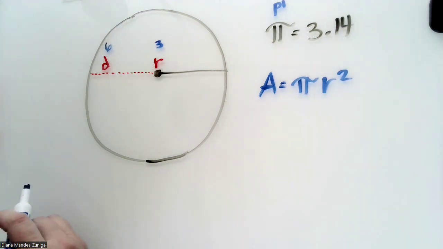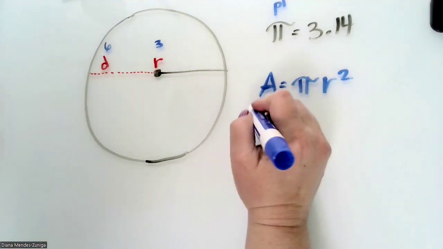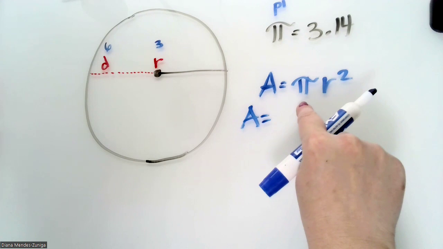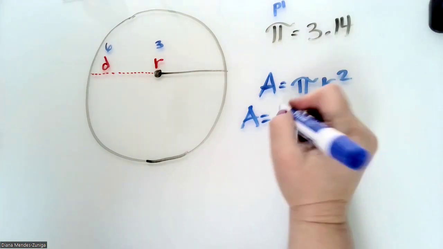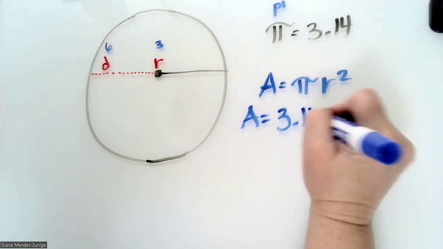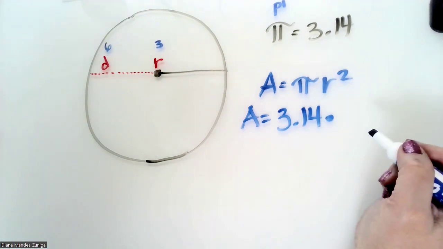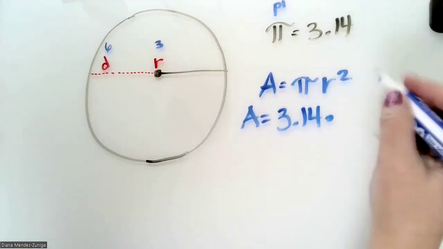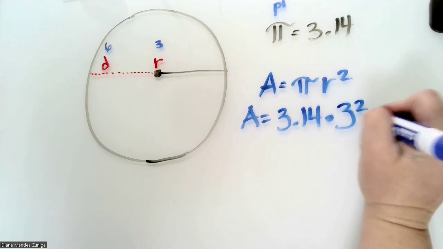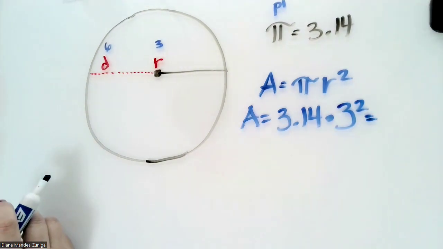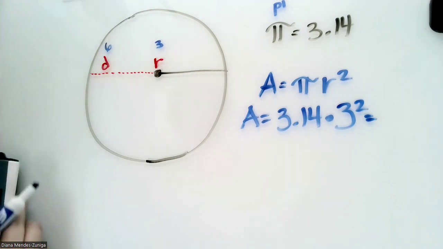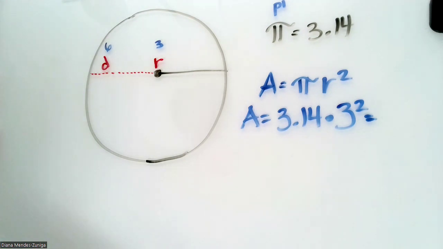So let's work this formula here. Our area is going to equal 3.14 because we know that pi always equals 3.14, times our radius, which is 3, squared. Now, again, I'm going to encourage you to put this into your calculator because the GED program allows us to use the calculator.